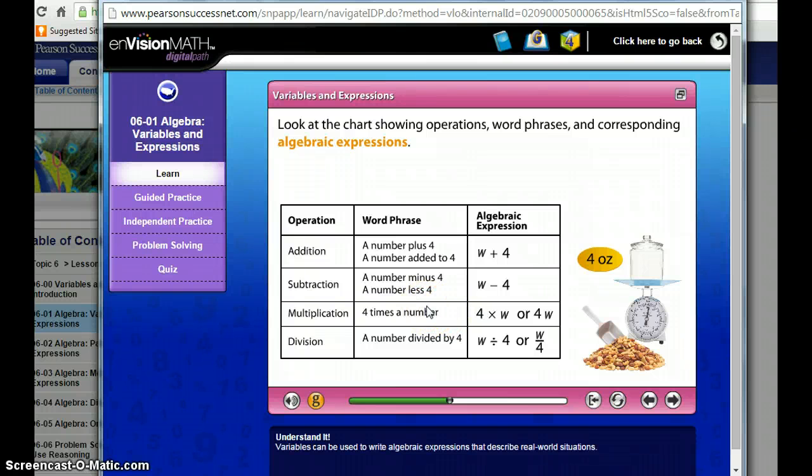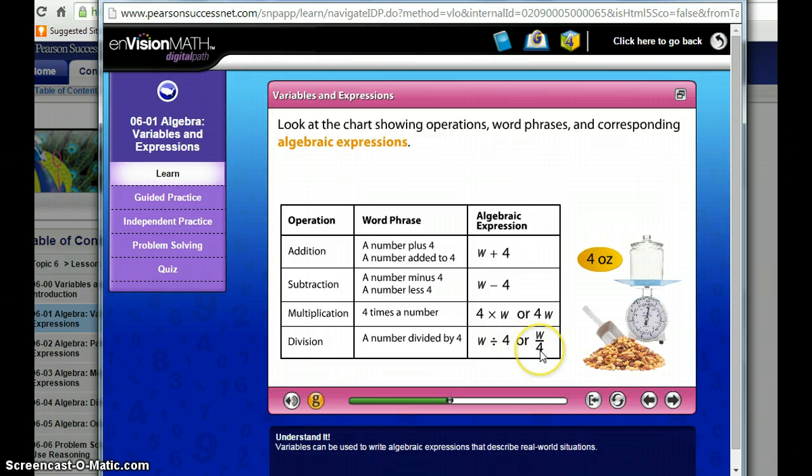4 times a number. So you would put here 4 times W or 4W. You don't have to have a multiplication sign in between there. Okay? So this here, 4 times W, is the exact same thing as 4W. And then finally, division, a number, which is W, divided by 4.